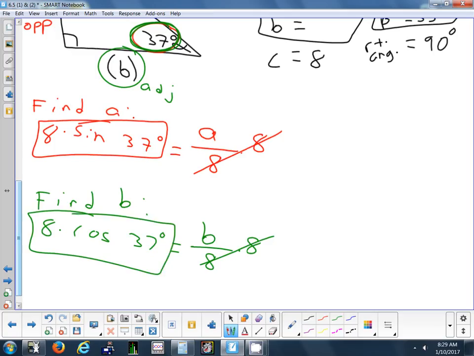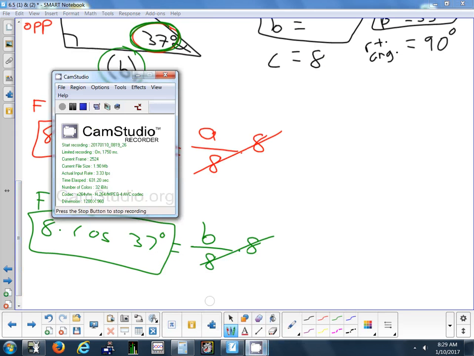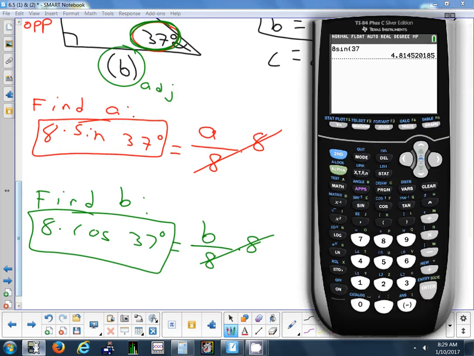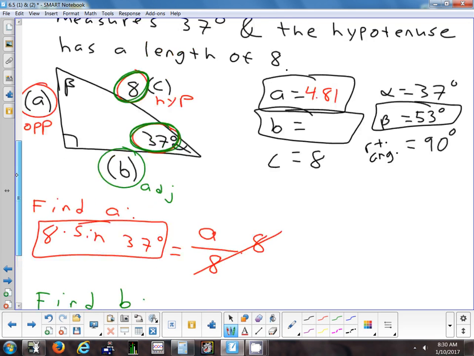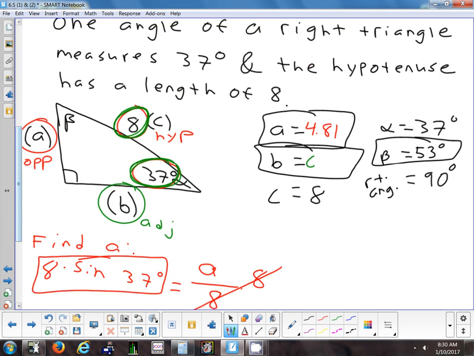Okay, 8 cosine 37. Let's see what we get. 8 cosine 37, 6.39. Right, so B is 6.39. And that's it. So now we solved the problem.